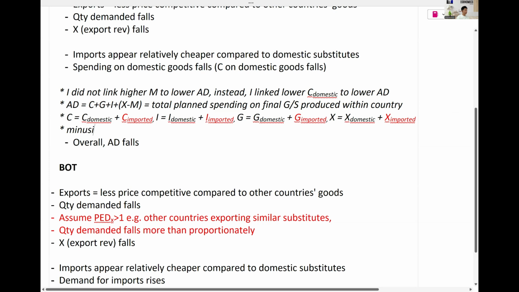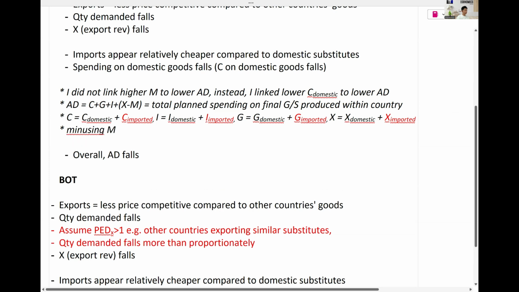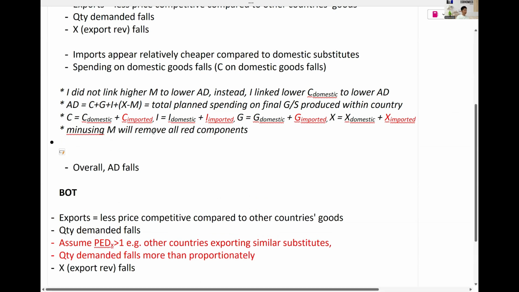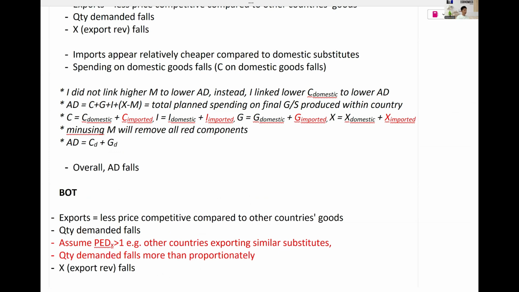So minusing M will remove all the red components. So AD is C plus G plus I plus X minus M. AD can also be seen as Cd, Gd, Id, Xd. There's no M in there.